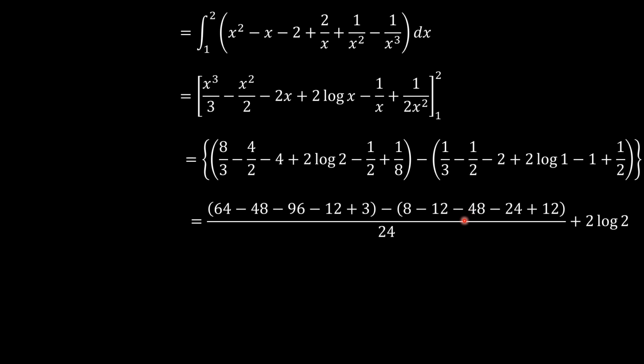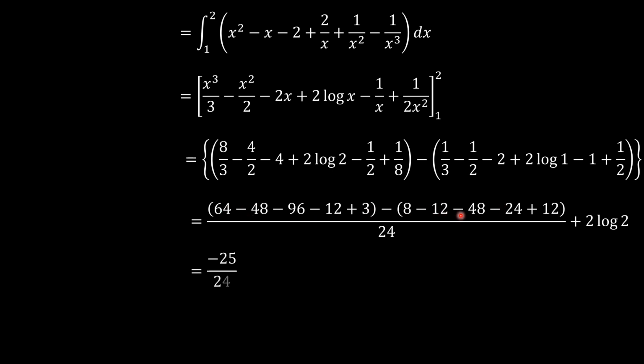So it's easy to first of all combine minus 48 and minus 12, which is minus 60, and then minus 96 is minus 156, plus 64 plus 3, which is 67.